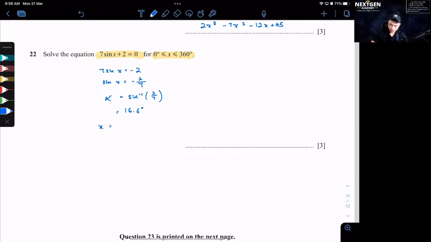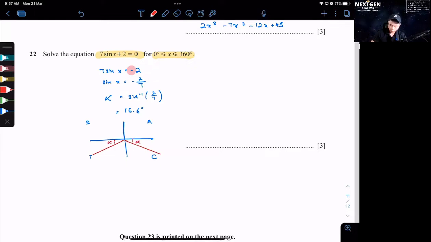Okay, so for me to find my x, write it here step by step. Okay, I gotta put on my ASTC. After ASTC, because it is a negative, therefore, it will fall under here and here. And then here will be my alpha.